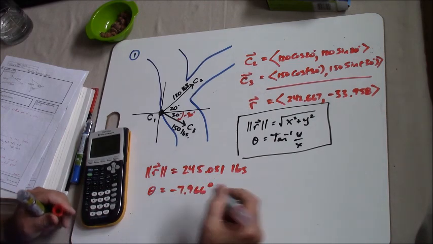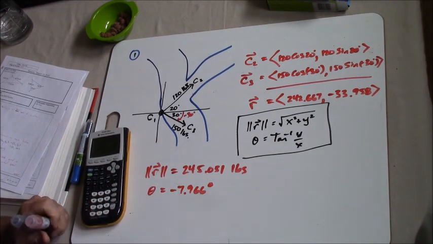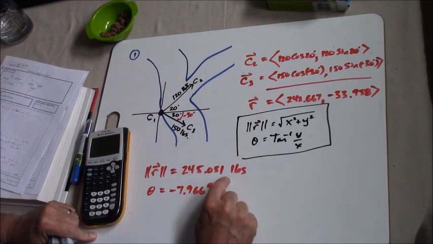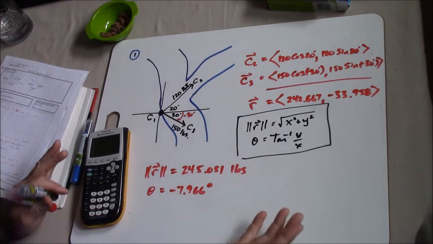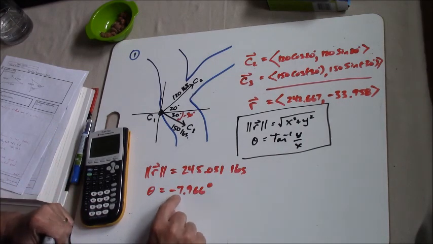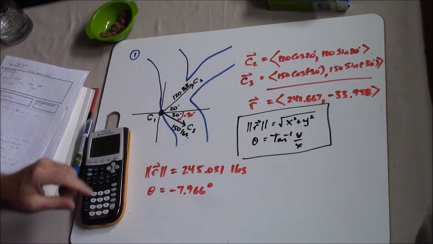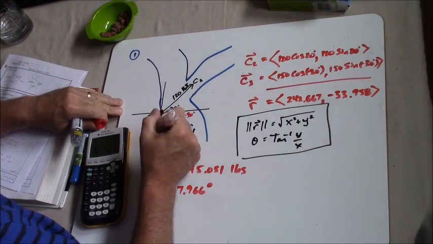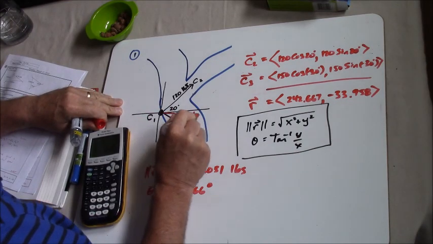Now in the real world, we don't really care what direction we're pulling. We just want the guy out of the ditch, right? I don't even care how many pounds of pressure. But it's just interesting to know that you're getting more pressure than just what one car can do by itself. Now, if this problem had something to do with, let's say, a ship, well, car number one is going in this direction.